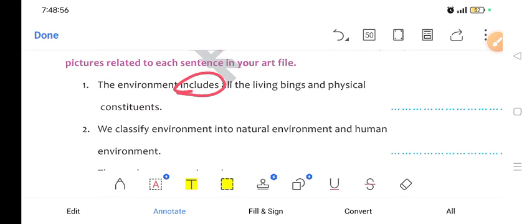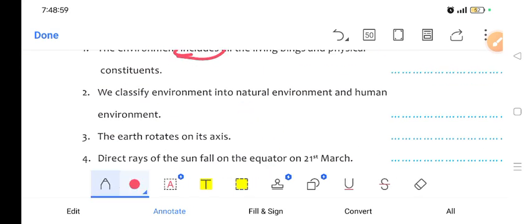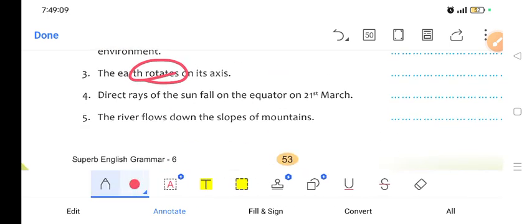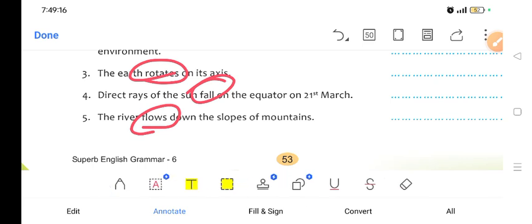The next sentence is: we classify environment into natural environment and human environment. The earth rotates. Direct rays of the sun fall. The river flows. So these are what? Action words.